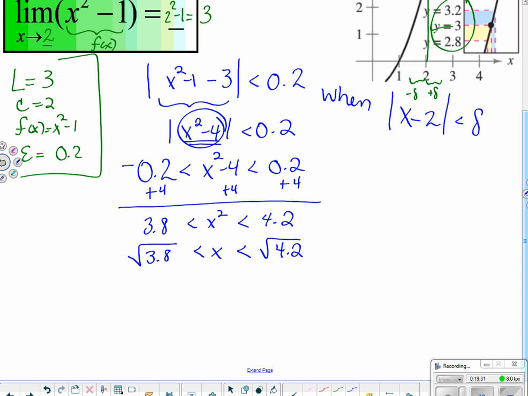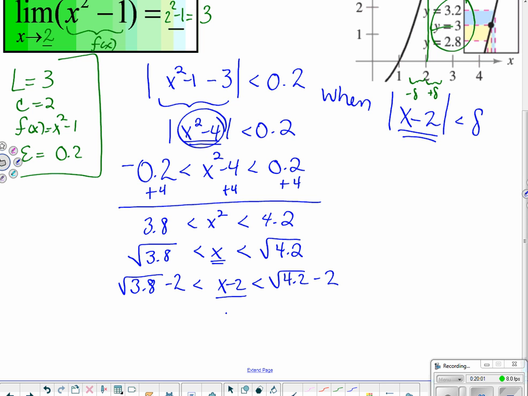So that should be my epsilon, shouldn't it? Okay, what I need to do is I need to get this to look like x minus 2, right? So let's just subtract 2 from everywhere.